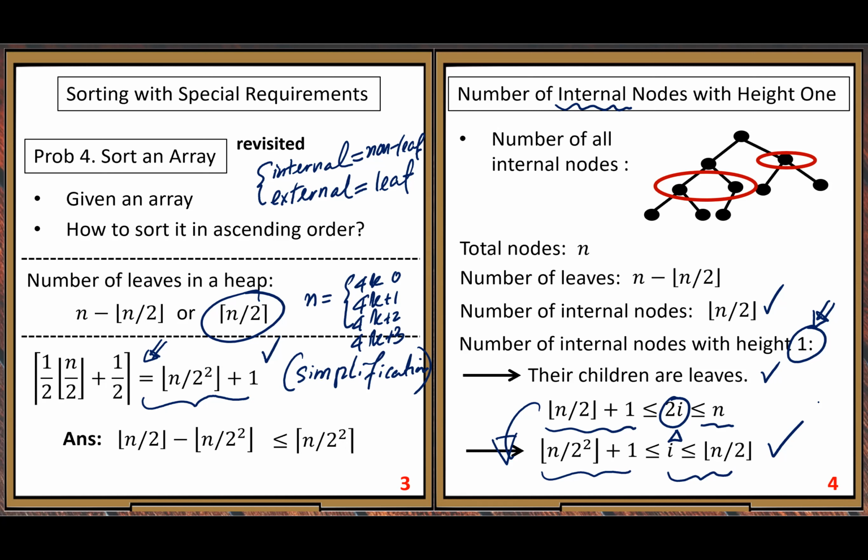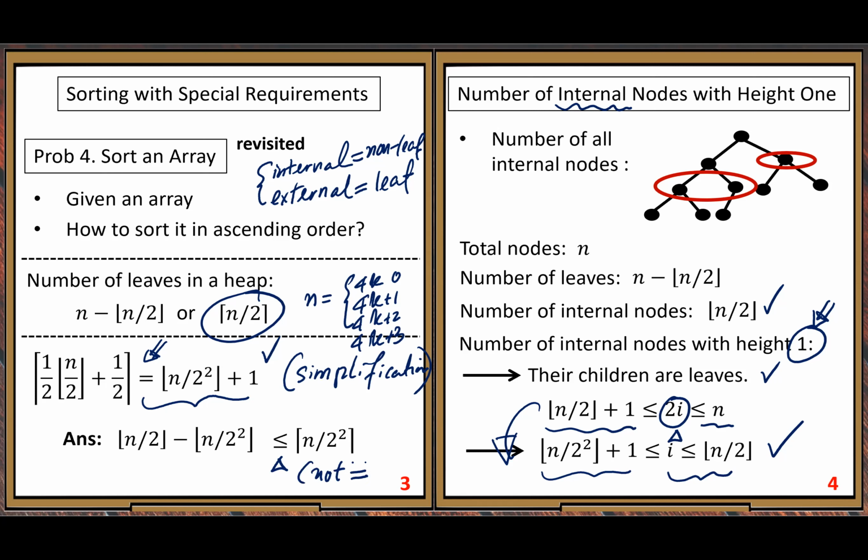Remember, in the previous slide, we simplified that 2-term expression to a 1-term expression. Here, we can also do a similar thing, but when we do it, notice here it is an inequality. We cannot use equality.